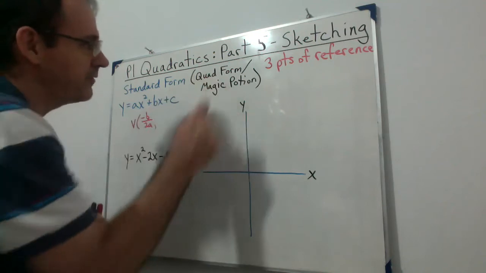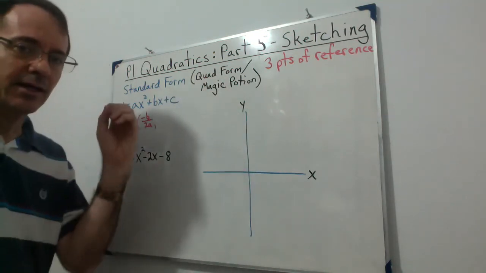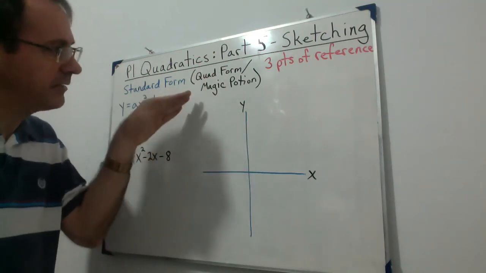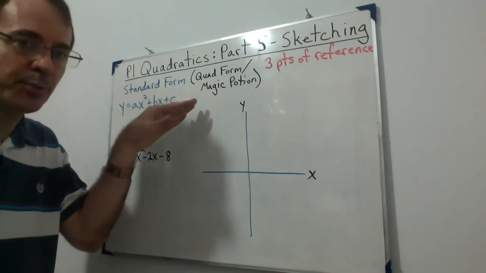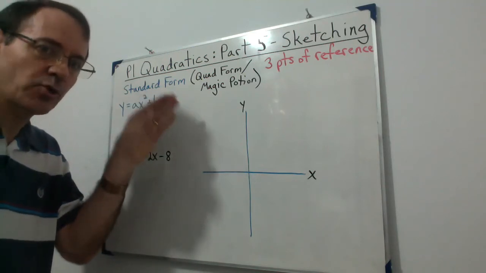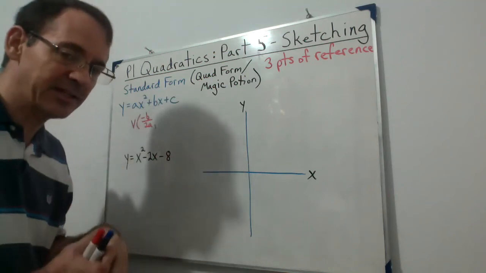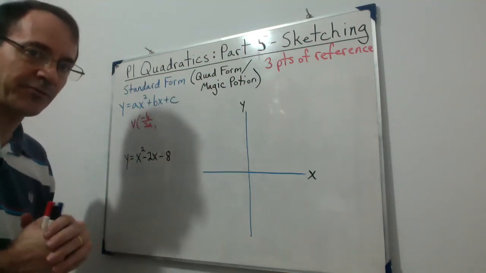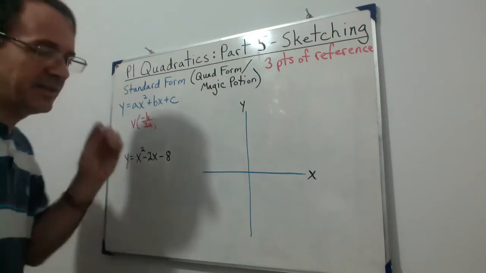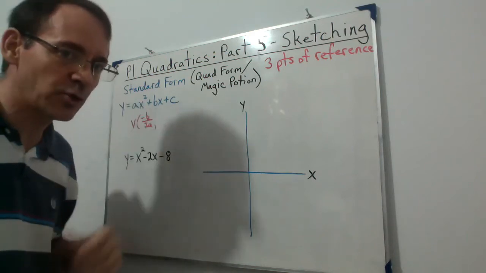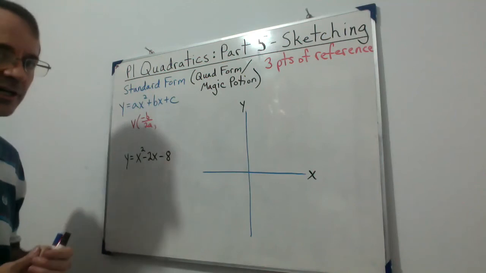In both of these, we were able to see the midpoint, that is the x coordinate of the vertex. It doesn't give us the entire vertex like the complete the square form, the vertex form, but it at least gives us the x coordinate of the vertex. So that's our starting point.